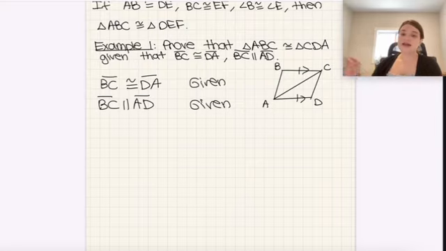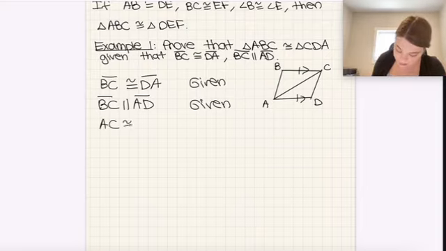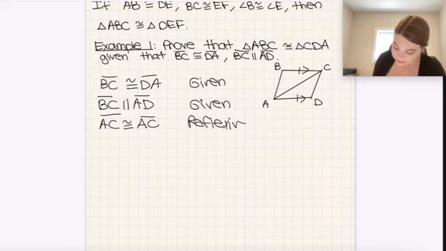However, AC is a shared side amongst both ABC and CDA, and AC is certainly congruent to itself. How do we know that? We know that because of the reflexive property, right? The fact that any side length is congruent to itself. So there we go, there's the second side proven. Now we just have to prove that the two angles in between those two sides are congruent as well.